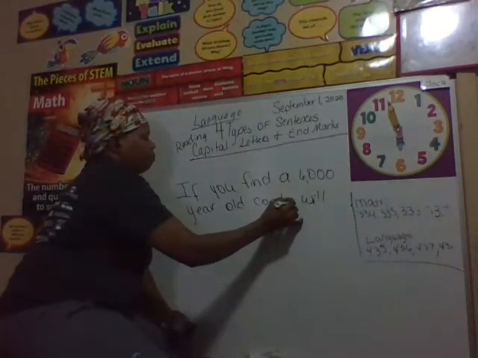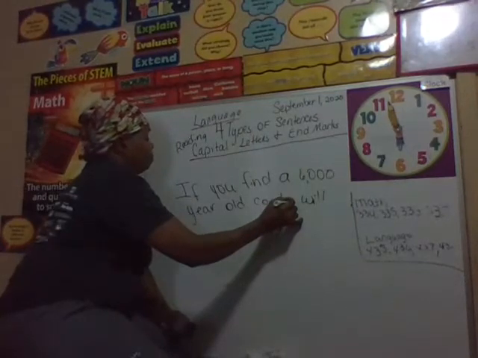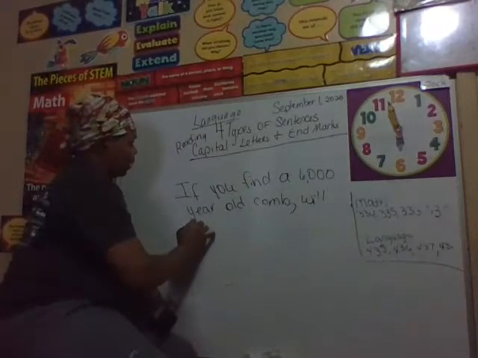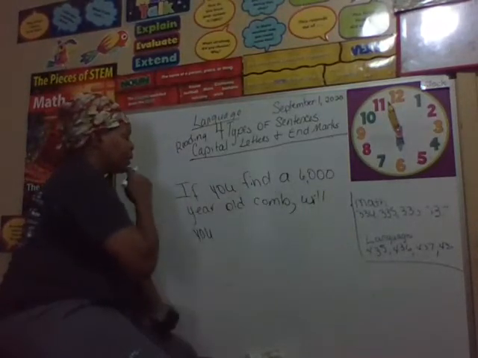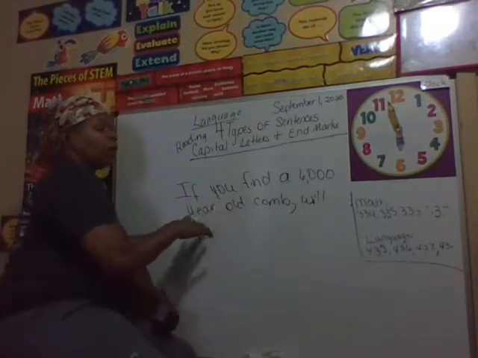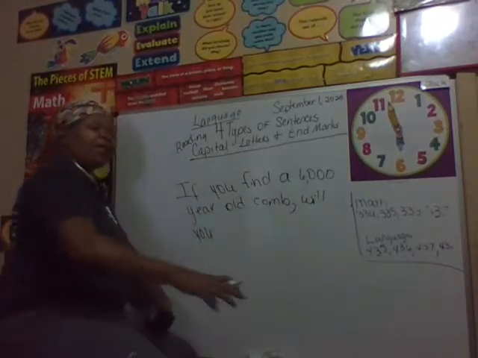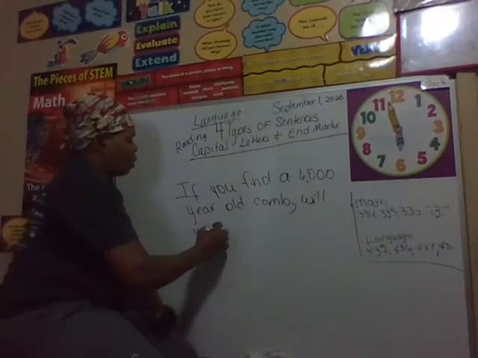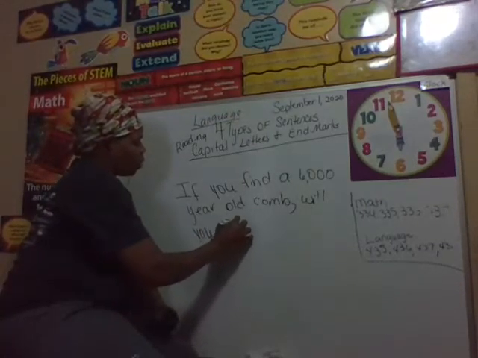Yes. And I'm going to explain that to you in a minute because we're going to get into that shortly. But not today. But one day we're going to come into this. So I'm going to go on and let you have it right now because I see it. If you find a 6,000-year-old comb, will you use it?